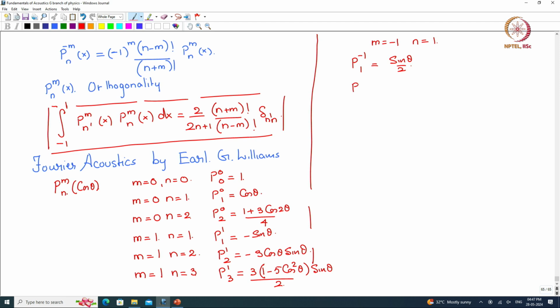If m equal to minus 1 and n equal to 2, then I have P minus 1 2, that looks like cos theta sine theta by 2.